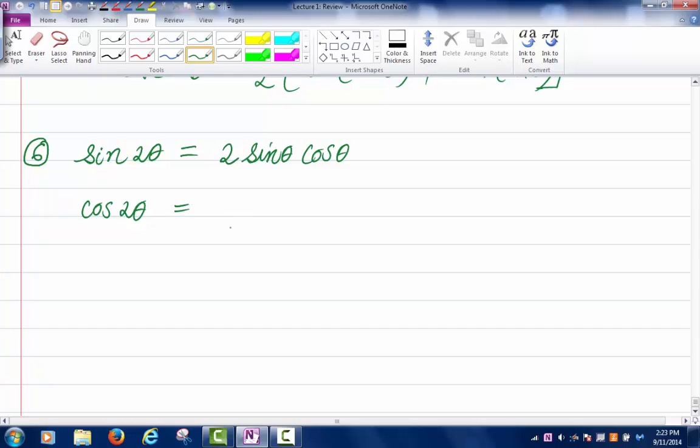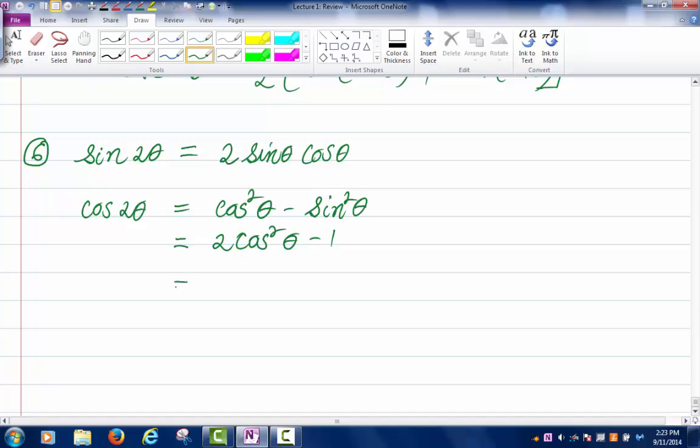Well, there are 3 equations for that. It is, first of all, cosine squared of theta minus sine squared of theta. If you replace sine squared by 1 minus cosine squared, you're going to get 2 cosine squared theta minus 1.